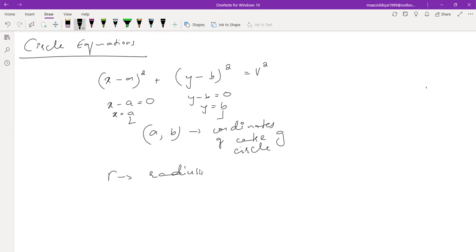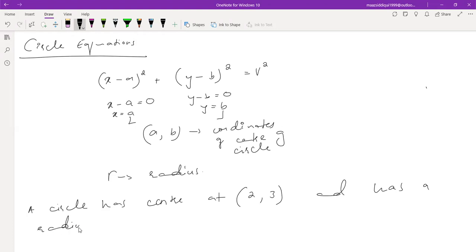Now, let's understand this with an example. If a question tells you a circle has a center at 2 and 3 and has a radius 4, find its equation.